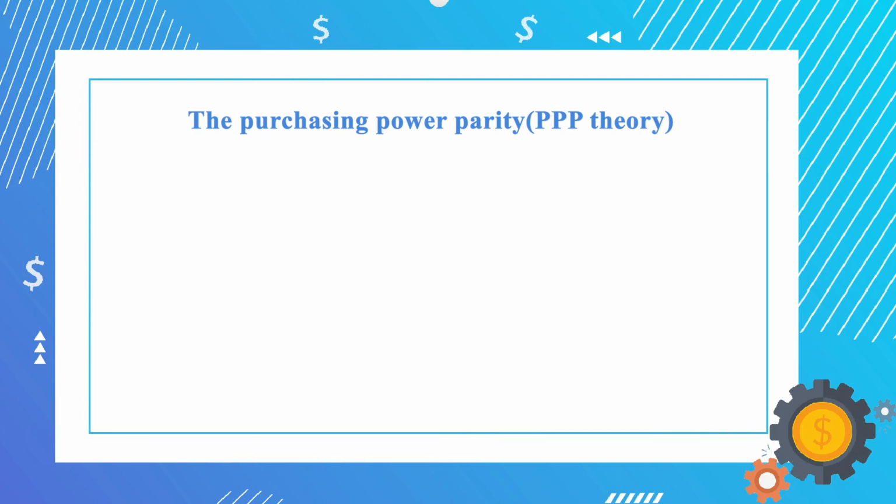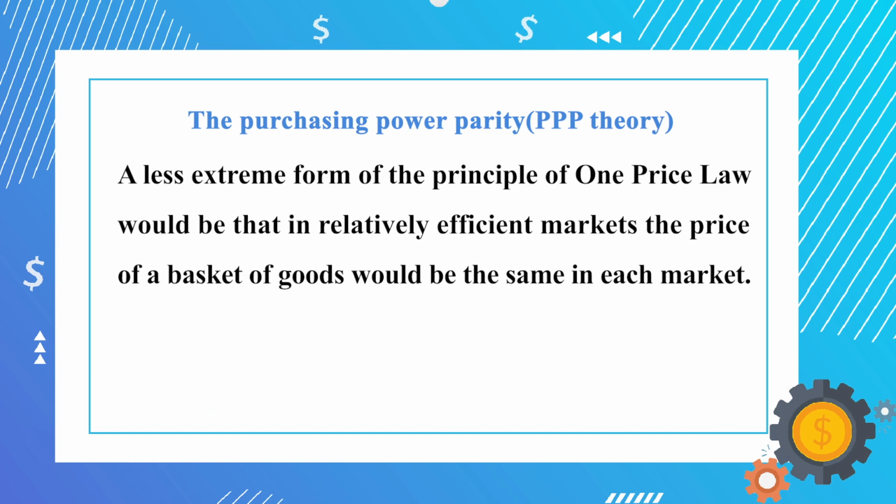As written here, a less extreme form of the law of one price would be that in a relatively efficient market, the price of a basket of goods would be the same in each market. It is called PPP theory in short.